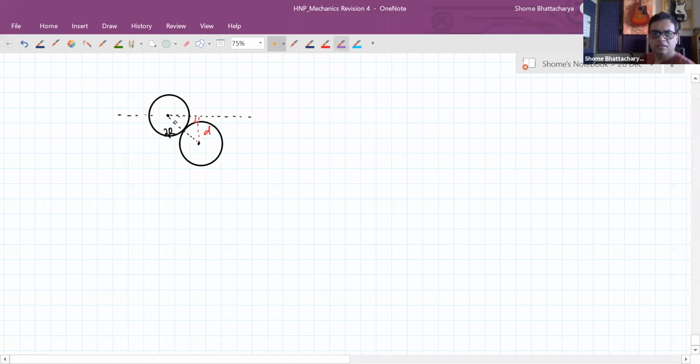So this angle theta is sine inverse of d by 2r. And d was given to us as 1.2 r. So that is sine inverse of 3 by 5, which is 37 degrees.